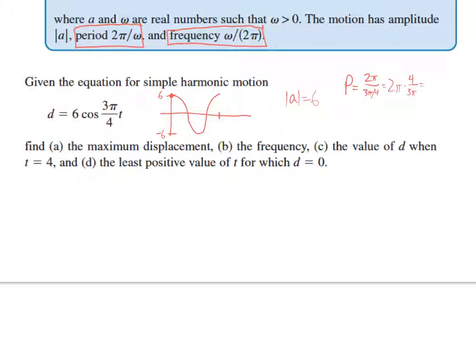So the pi's cancel, and we have 8/3. So every 8/3 of a second, if we're talking about seconds in this case, this thing is going to repeat. So at 8/3, that's our period.